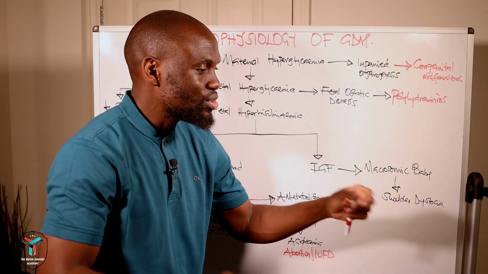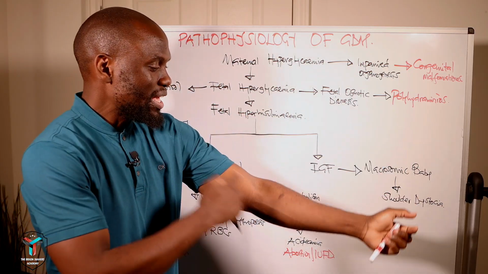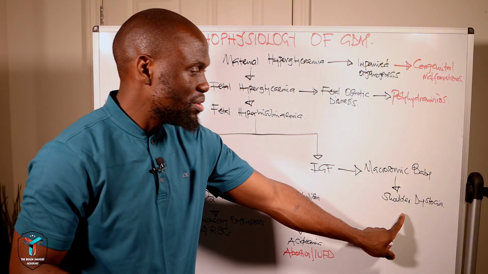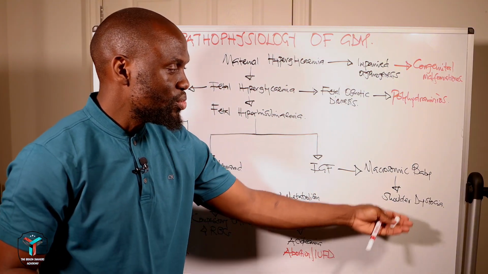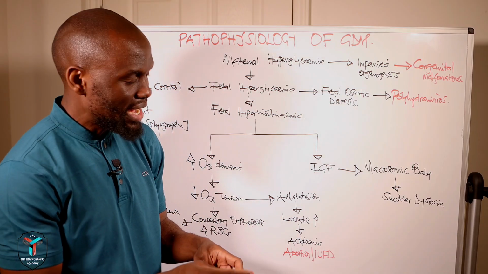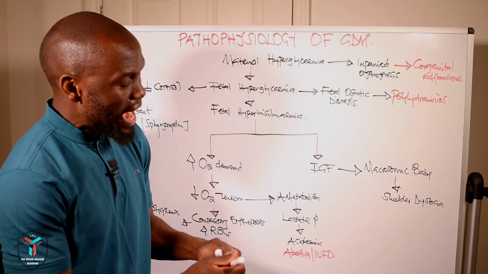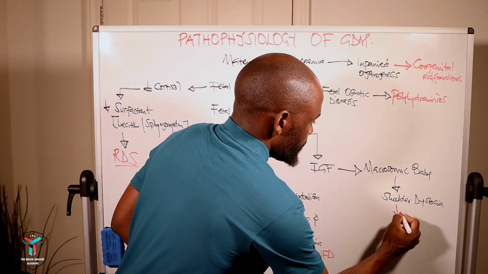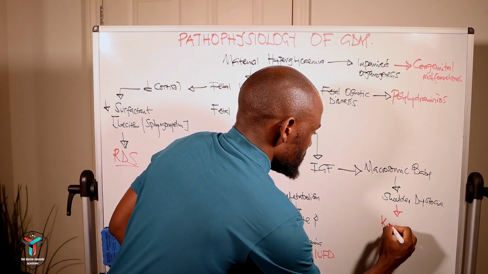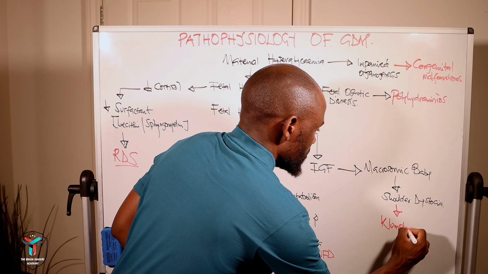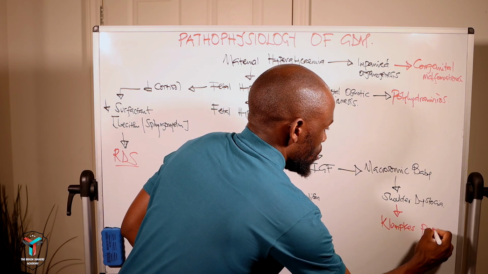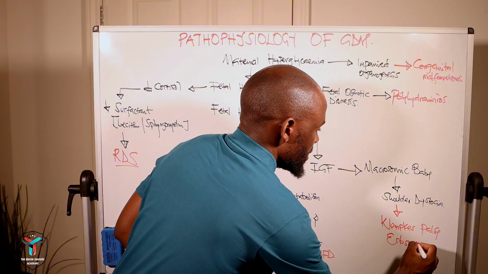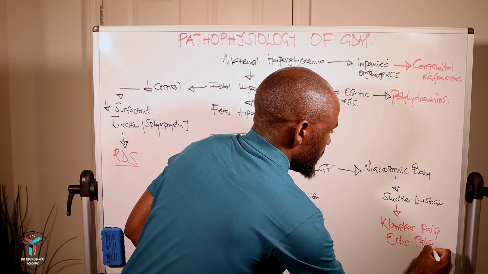If there is injury to the brachial plexus, you end up with a baby that has birth injuries and complications that we can call Klumpke's palsy, or what we can refer to as Erb's palsy.